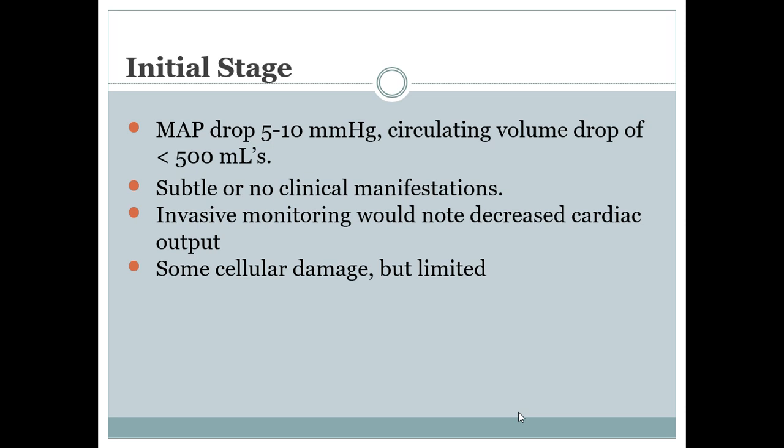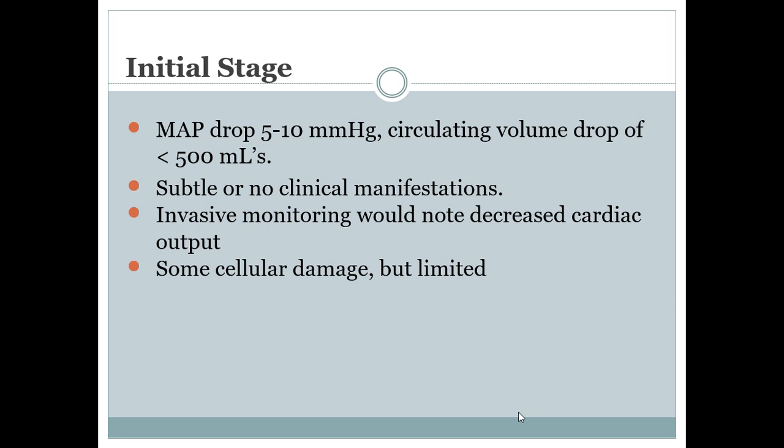You'll see a drop of 5 to 10 millimeters of mercury, and then your circulating volume decreases by about 500 mLs. It's really not enough to cause serious effects, and it can be really hard to tell these subtle changes. You will see, though, decreased oxygen. You might see a little hypoxia due to that decreased delivery of oxygen to the tissues and cells.